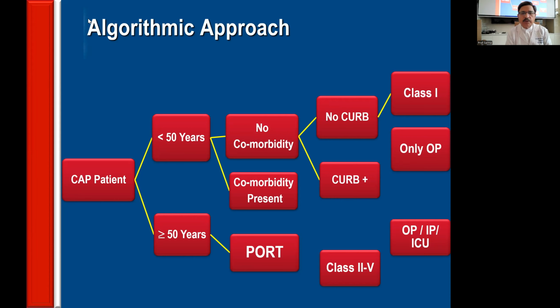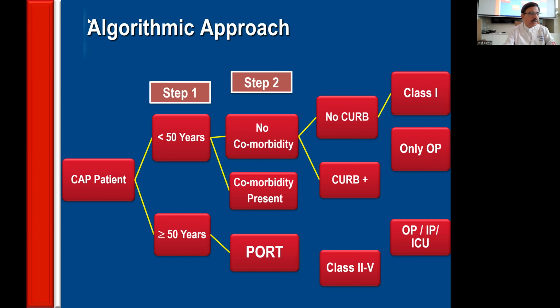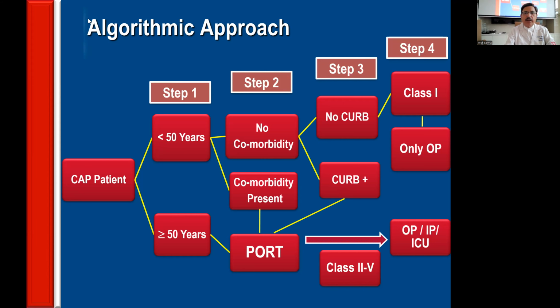More than 50, you have to do PORT. Depending on the PORT scoring: step 1 is the age, step 2 is the comorbidity, step 3 is the CURB and PORT scoring, step 4 is your admission, and then OP treatment. So this is the stepwise or algorithmic approach for this particular patient.